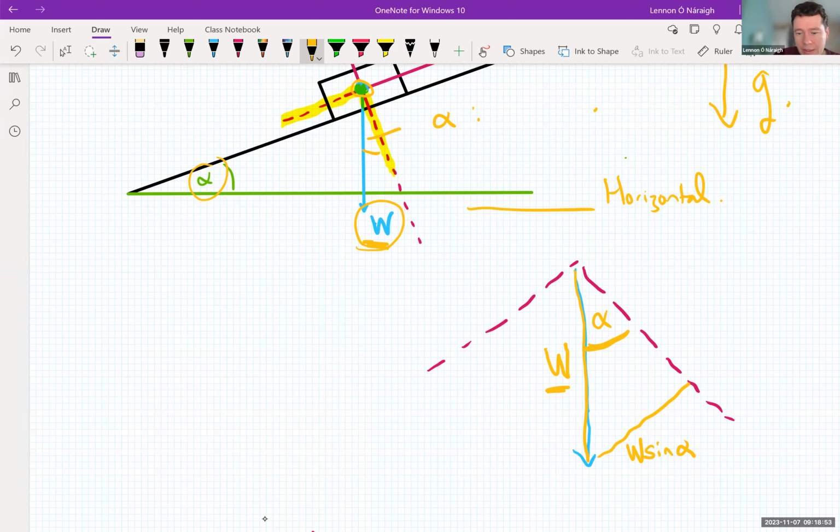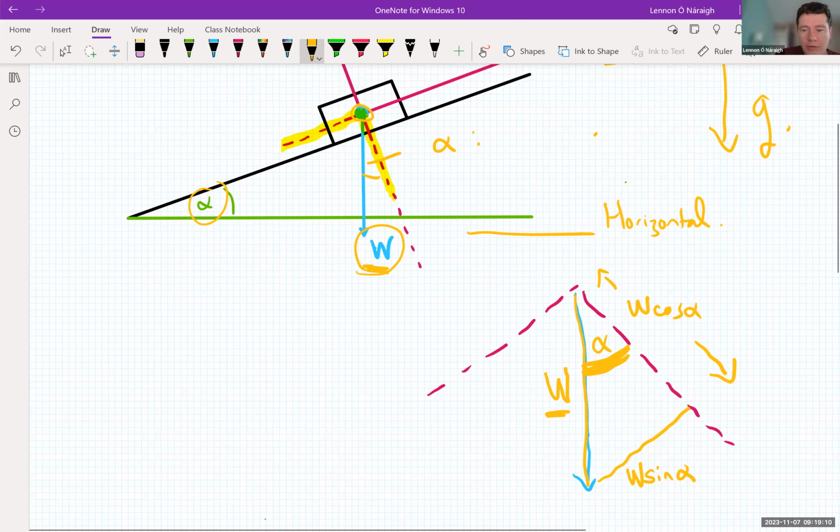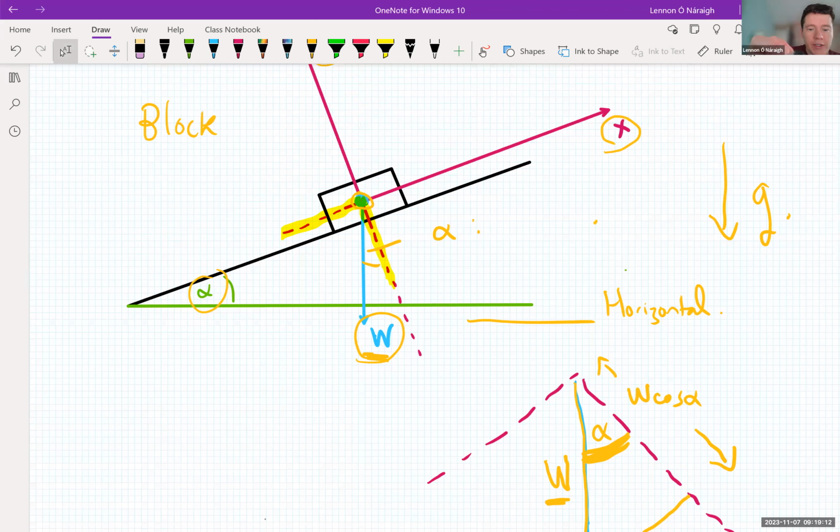And then this here will be W cos alpha, because it's the adjacent side. Cos alpha will be the adjacent over the hypotenuse. So with this piece of trigonometry, we can go back to our figure and draw in the components of W along the Y and X directions.